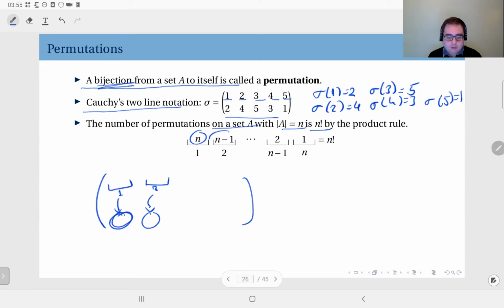Therefore, your alternatives now reduce to n minus 1. And with the third one, it reduces to n minus 2, and so on. With n minus 1, you have two alternatives, and for the final one, you would have just one alternative. And this simply gives you n factorial, the famous result we know, the number of permutations on a set with cardinality n is simply n factorial.